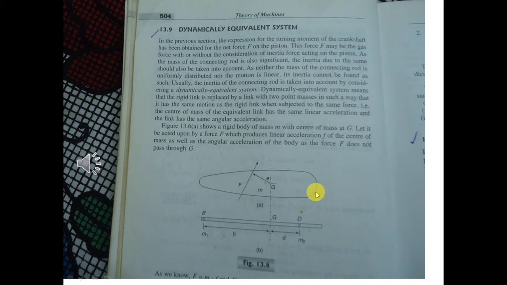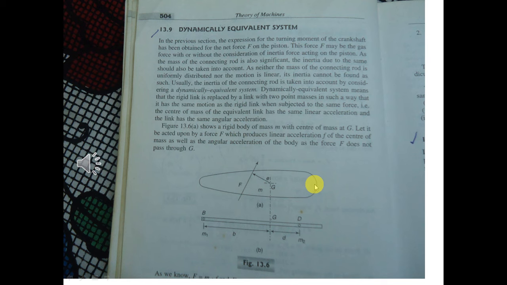Because if you see the shape of the connecting rod, the mass will be concentrated more on the right side of the connecting rod than on the left side, because of its typical shape. It is not a cube, nor a rectangular shape. In this area the mass is very less; in this area the mass is very large. So if you consider the inertia force, what are inertia forces?